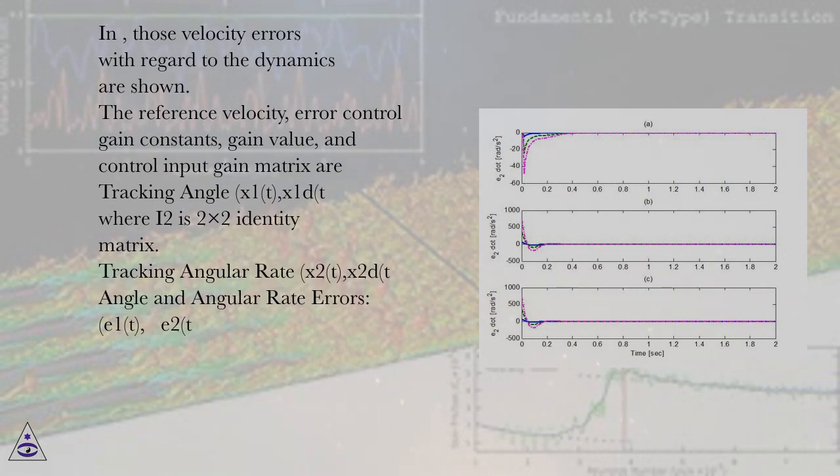The reference velocity, error control gain constants, gain value, and control input gain matrix are as follows, where I2 is the 2 by 2 identity matrix. Tracking angle, x1t, x1dt. Tracking angular rate, x2t, x2dt. Angle and angular rate errors, e1t, e2t.